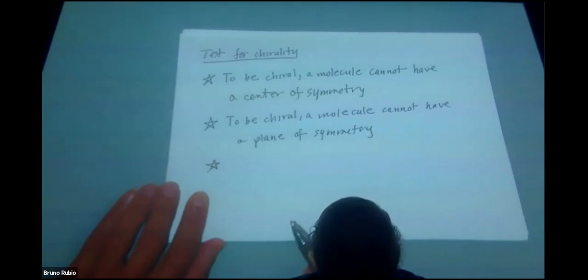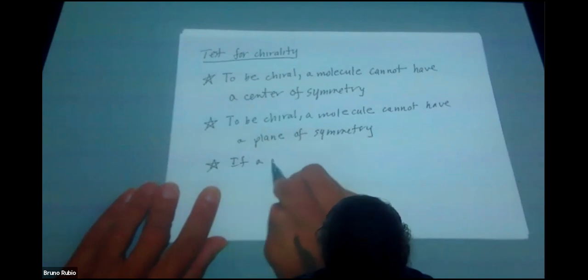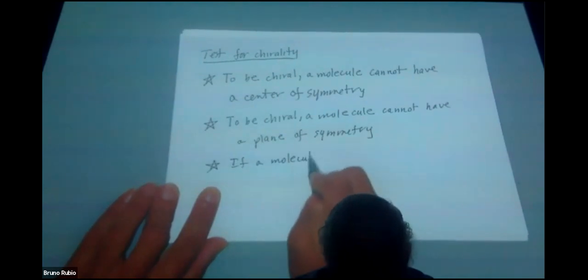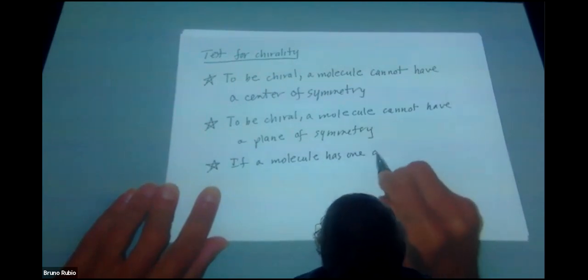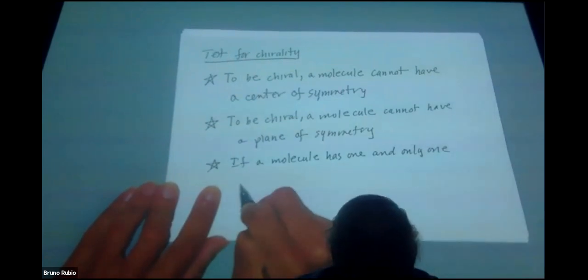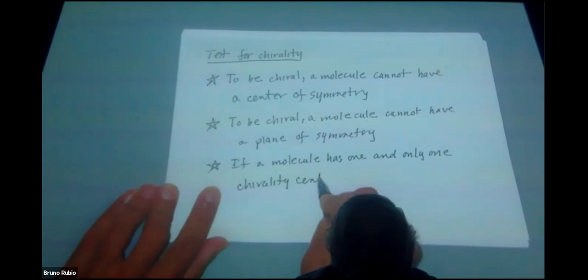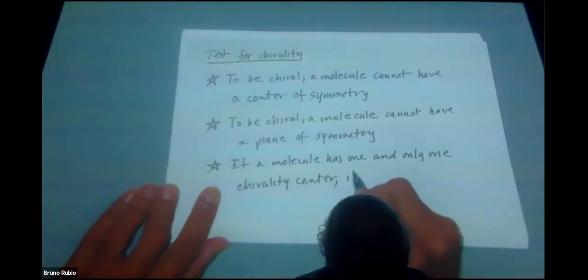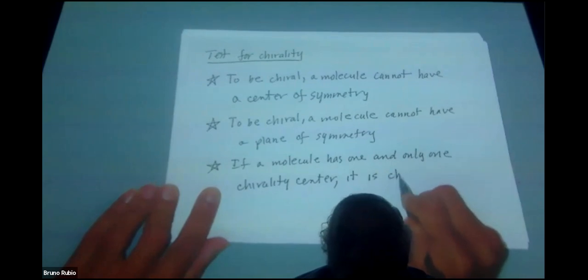Third quick and dirty test of chirality is if a molecule has one and only one chirality center, that molecule is chiral.